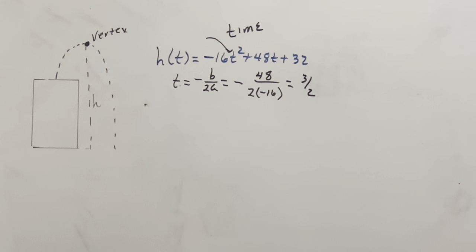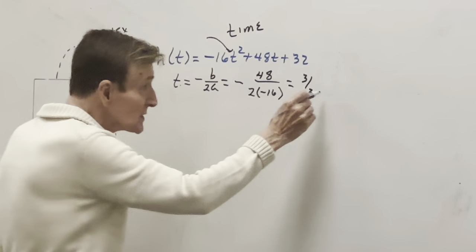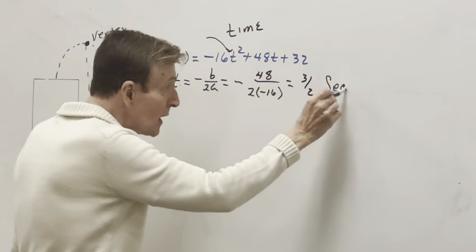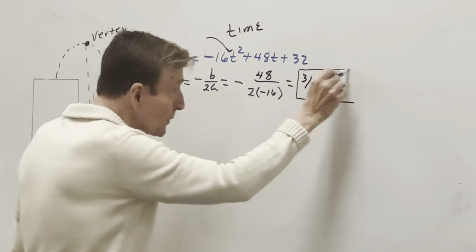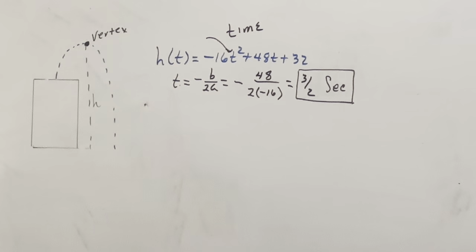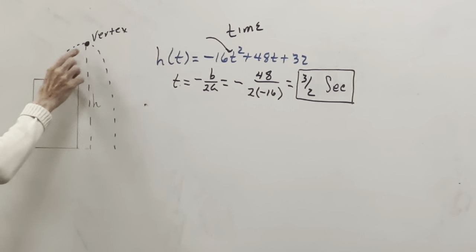What were the units here, seconds? Yes, so it's going to take 3/2 seconds, 1 1/2 seconds. That part's out of the way. After it's released and goes up in the air, it's going to take 1 1/2 seconds to reach that point.